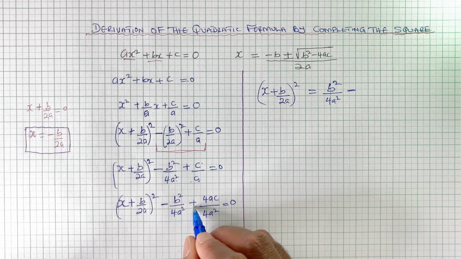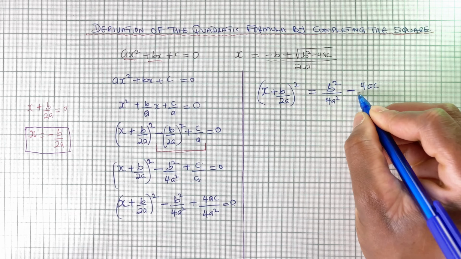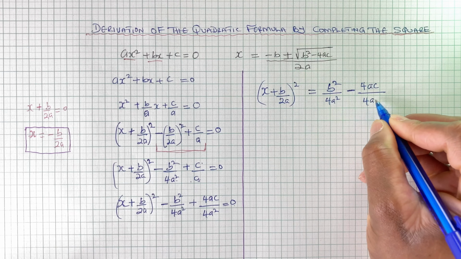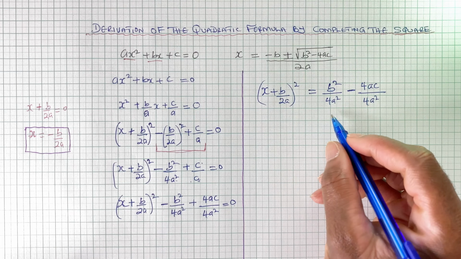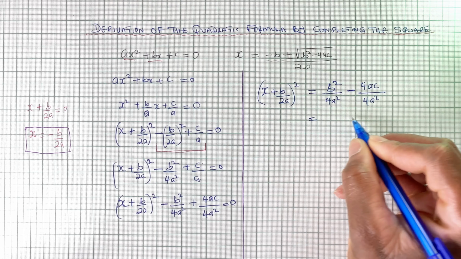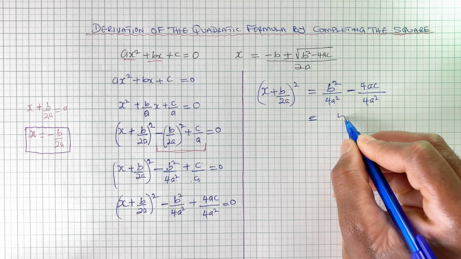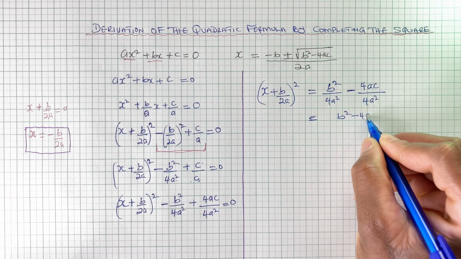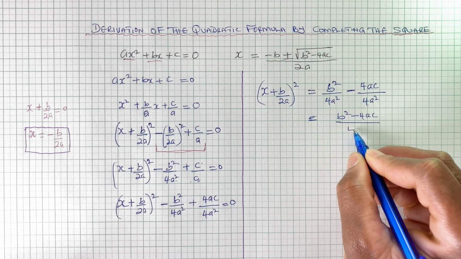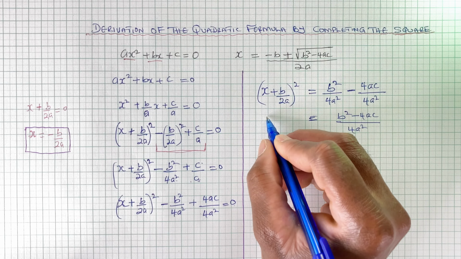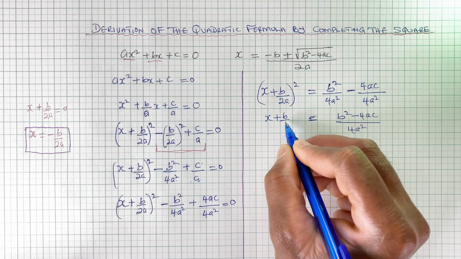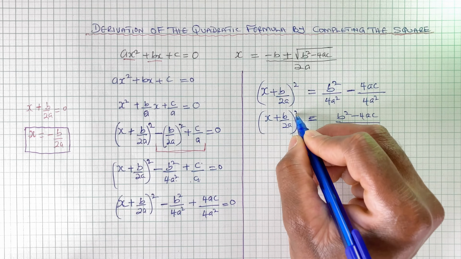So I will get minus 4ac over 4a squared. Now they have the same denominator. You can see a common denominator. So that will be b squared minus 4ac over 4a squared, and that is x plus b over 2a squared.